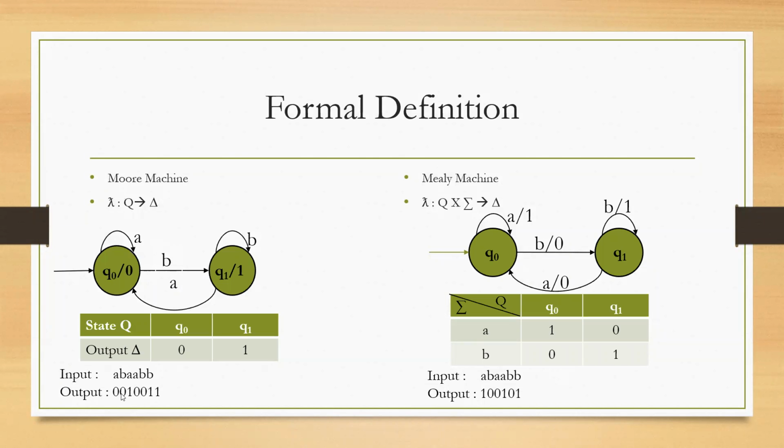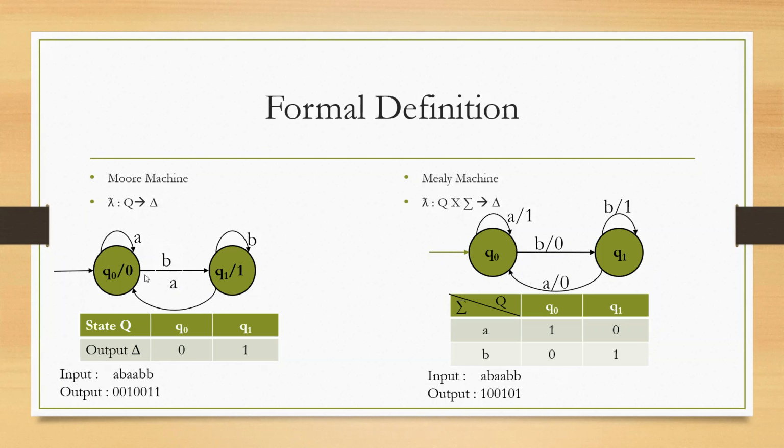Then Q0 on getting input B travels to Q1, and as you reach Q1, output 1 is generated immediately. Then on receiving input A, you reach Q0 immediately, so output 0 is generated. Again on the next input A, it will generate another output 0.